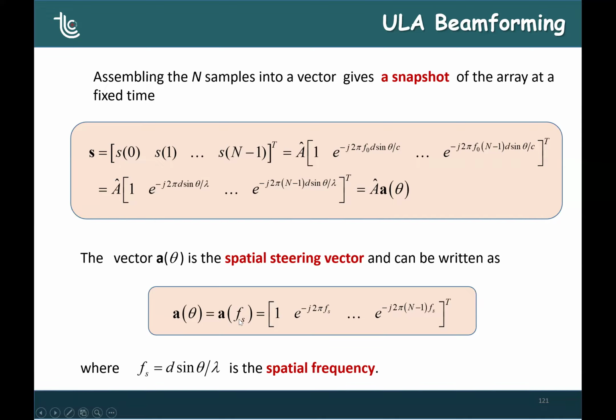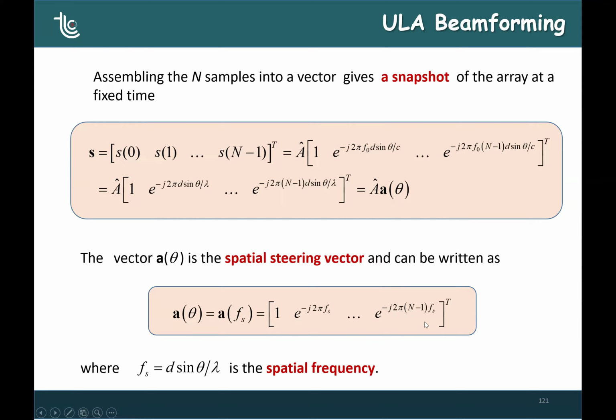Now, in many cases we use this definition. We call d sin theta divided by lambda the spatial frequency, okay? And in this way, our spatial steering vector has almost the same shape as the temporal steering vector that we use in many cases in detection in radar.